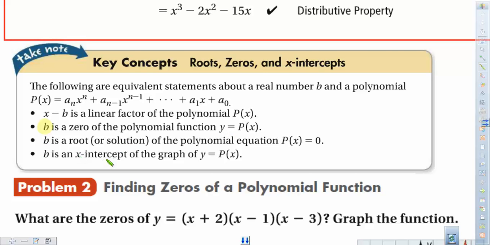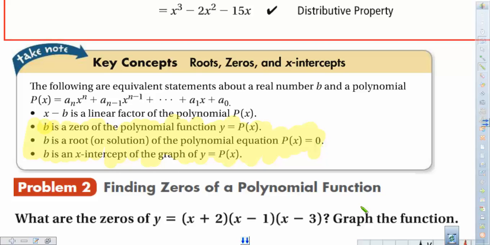And b would be an x-intercept. If I highlight these three right here, all three of these honestly are saying the exact same thing. The reason why these math textbooks have to put all three of those bullets down is because we have different definitions, different vocab words we use when we're using a function versus an equation versus a graph.